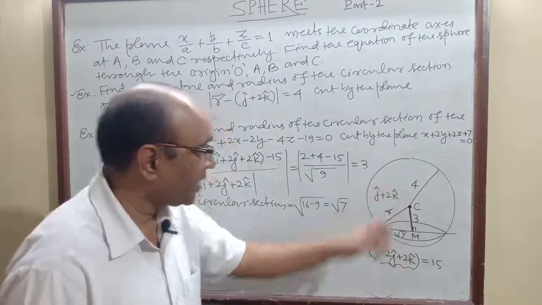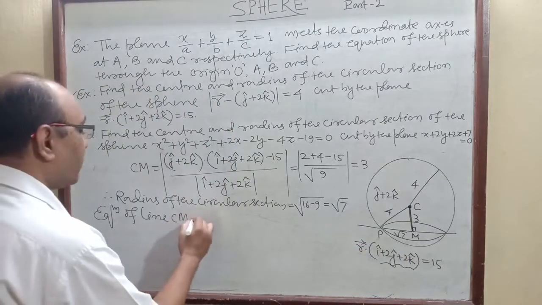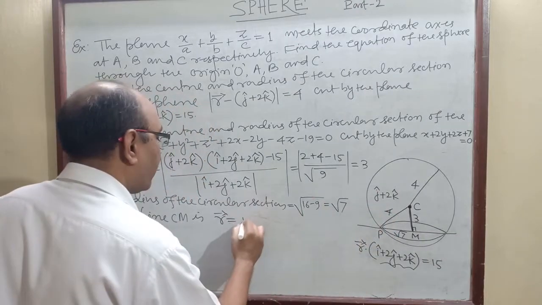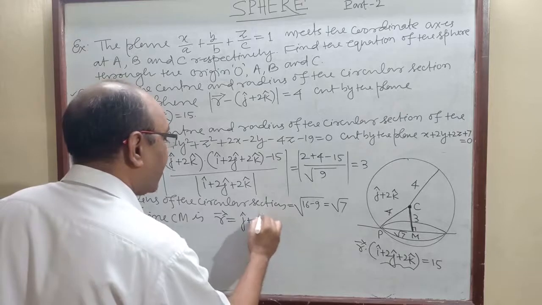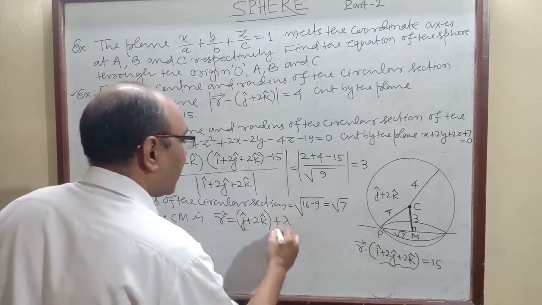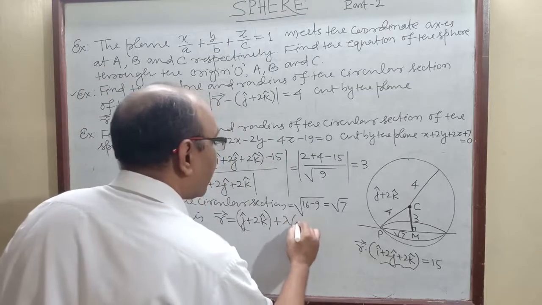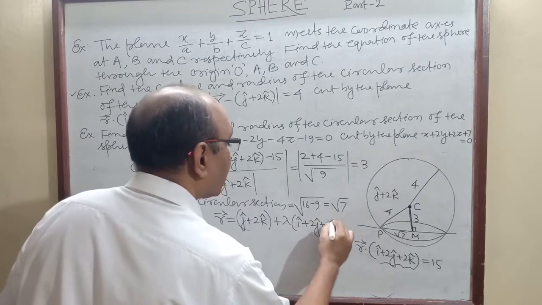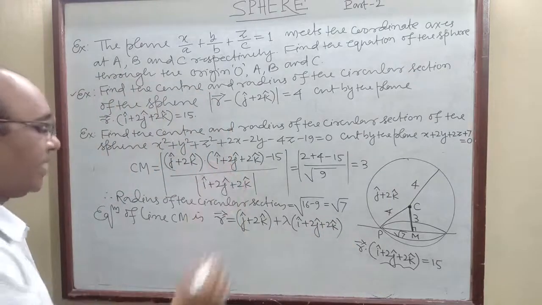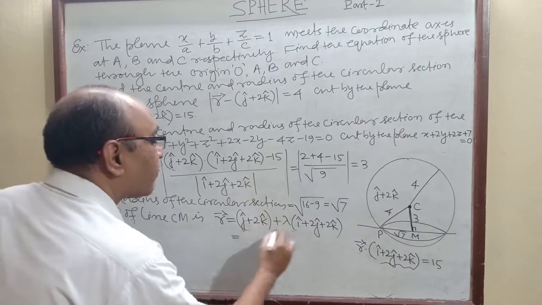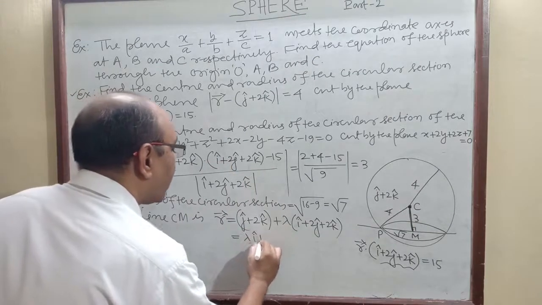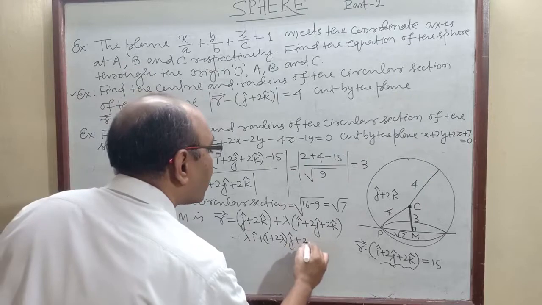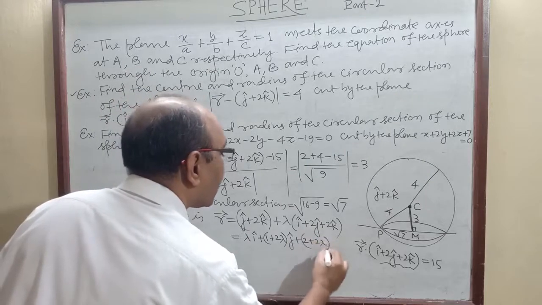So the equation of this line CM can be written as R equal to A, this point, plus lambda B, this vector i plus 2j plus 2k. This will be the equation of the line CM. This can also be written as lambda i, 1 plus 2 lambda j, 2 plus 2 lambda k.